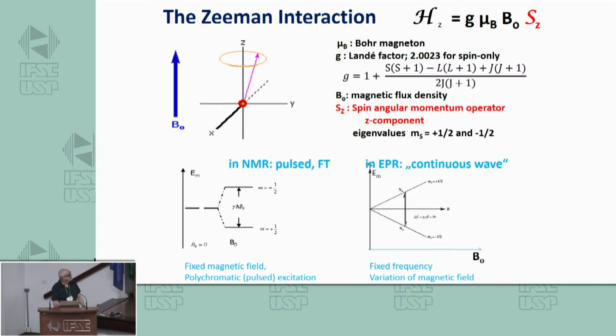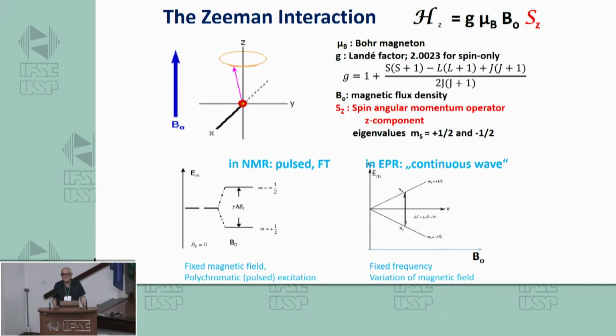And g in the formulation of EPR spectroscopy is always defined in terms of a pure spin quantity. If there's only spin and no contribution of orbital angular momentum, then g will be 2.0023.